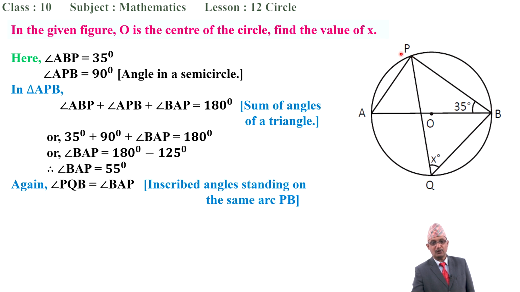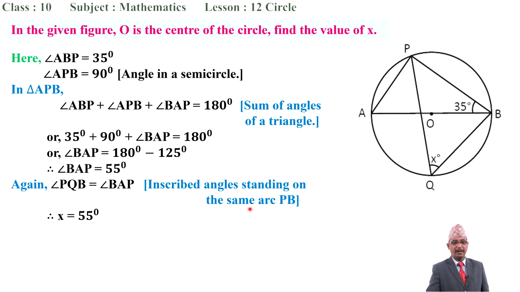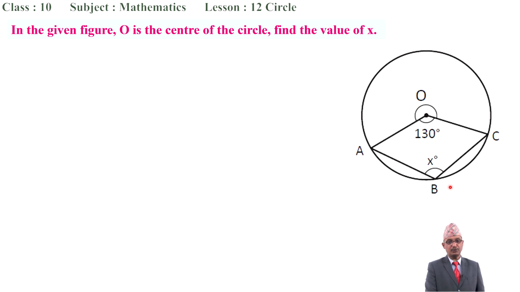Why? Because PQB is an inscribed angle standing on arc PB, and BAP is also an inscribed angle standing on the same arc PB, so they are equal. So, PQB means x, and BAP we have calculated as 55 degrees. That's why the value of x in this figure is 55 degrees. Have you understood? Now, move to another type of question.